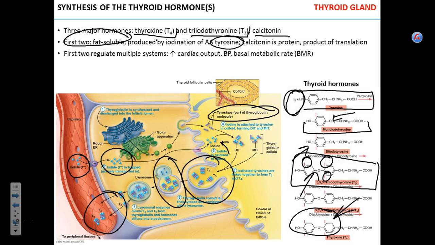I'm not going to give you those formulas that you see right there and ask you, what is this? Don't worry. Don't spend your time memorizing the structures, please. But I can ask you, in the follicle, is thyroid hormone free or is it attached to the protein?